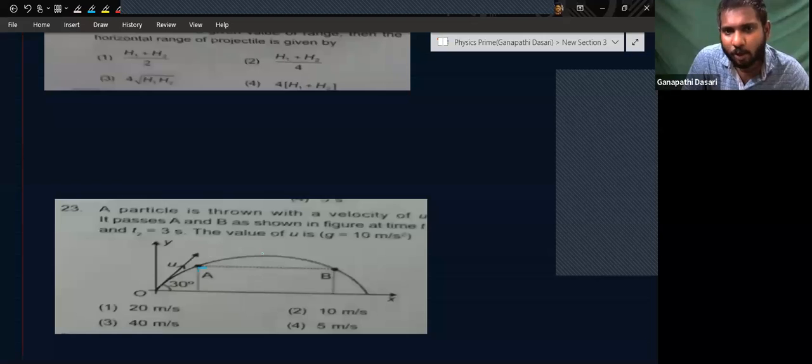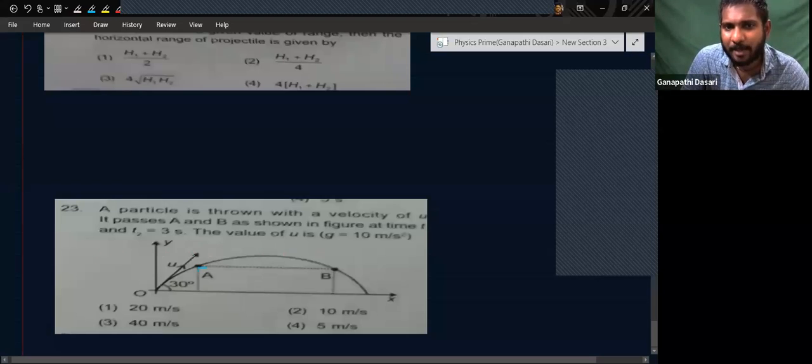Motion in 2D. A particle is thrown with a velocity of u.